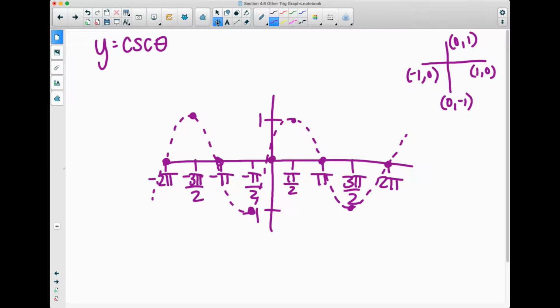Okay. So if it makes it undefined, that's where those asymptotes come into play. So then everywhere I cross the x-axis, I have an asymptote. So like I said, you do more drawings before you actually draw the graph itself.